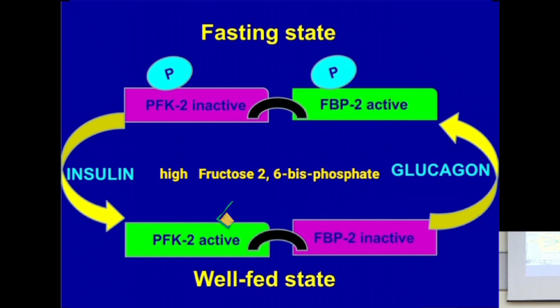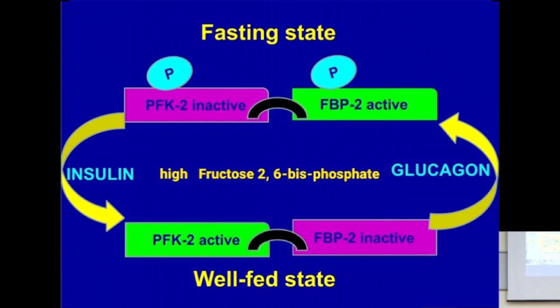So now you produce the activator that is needed to activate PFK1, and therefore you activate glycolysis. Also important to note, the other enzyme whose function is to break down fructose 2,6-bisphosphate is inactive under the same conditions when insulin is high and glucose is high. So it can't do anything.